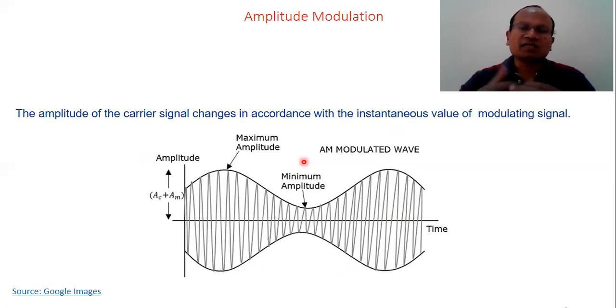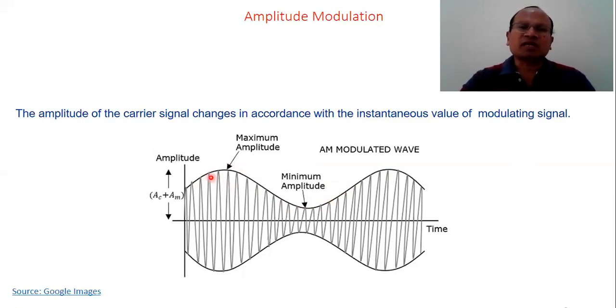In this signal we can see that the amplitude of the carrier has varied. If you look at the envelope, the amplitude of the carrier is varying, and this variation is according to the instantaneous value of the message signal.